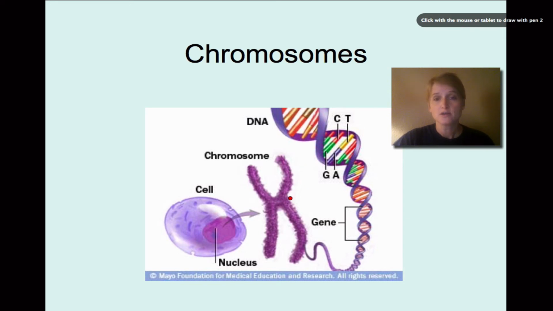On this chromosome right here, there are genes or DNA. A gene is a segment of DNA that codes for particular traits. On the chromosomes there can be hundreds of different genes. And then the gene is made up of the DNA.